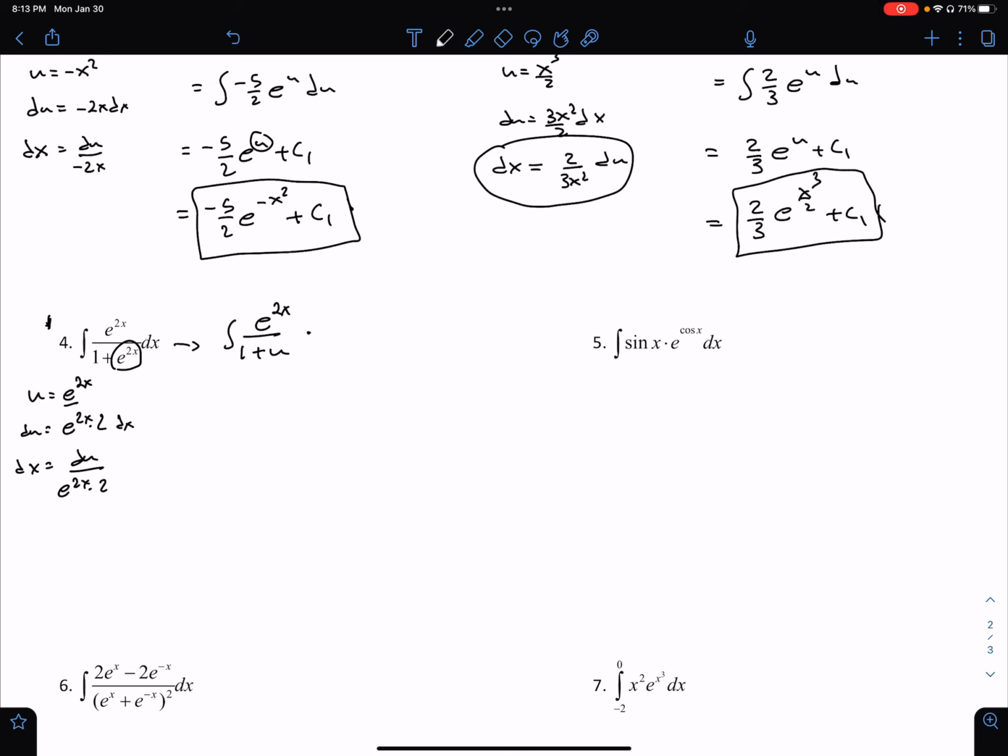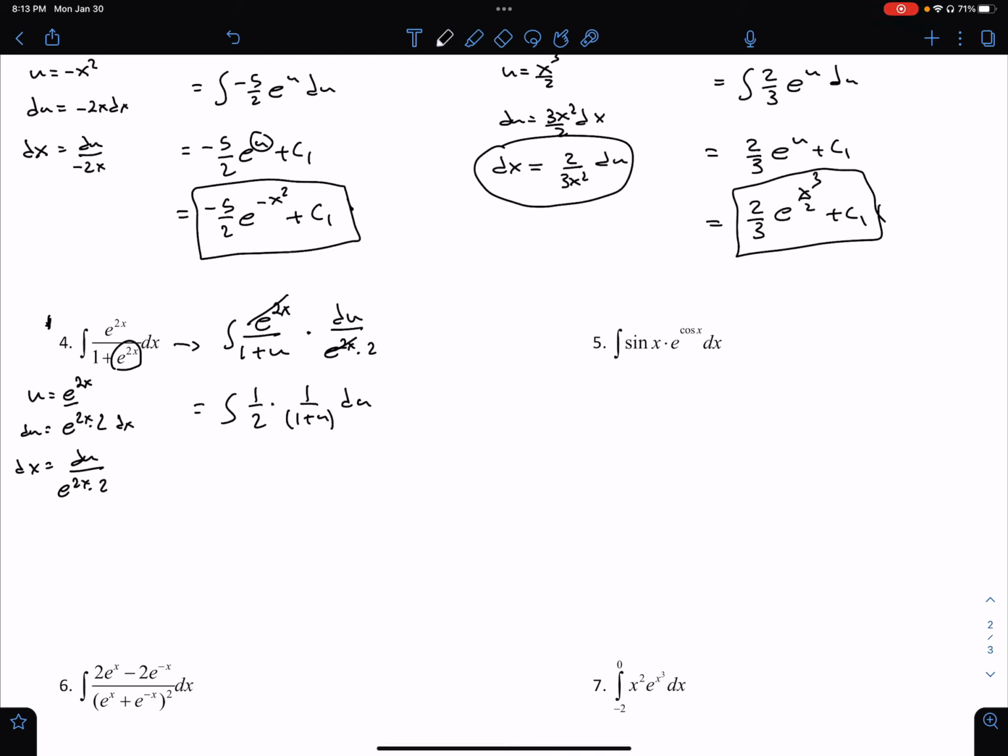Let's see why I would do that. I would get du over e to the 2x times 2. Those are just going to cancel out. And what I'm left with is the integral of 1 half times 1 over 1 plus u du. So I'm going to go ahead and cheat a little bit. We've been doing this for a little while now.